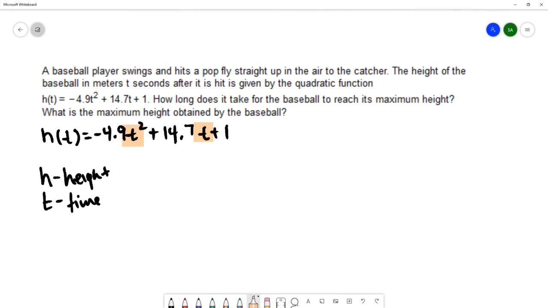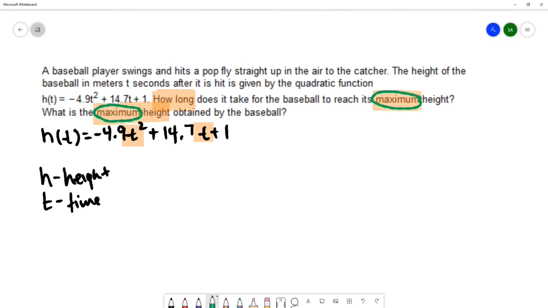Now what this question is asking for is something very specific. They want to know the time it takes to reach the maximum height and what is that maximum height. So we use that word maximum, and that maximum is the highest, in this case, highest height, the highest y value.